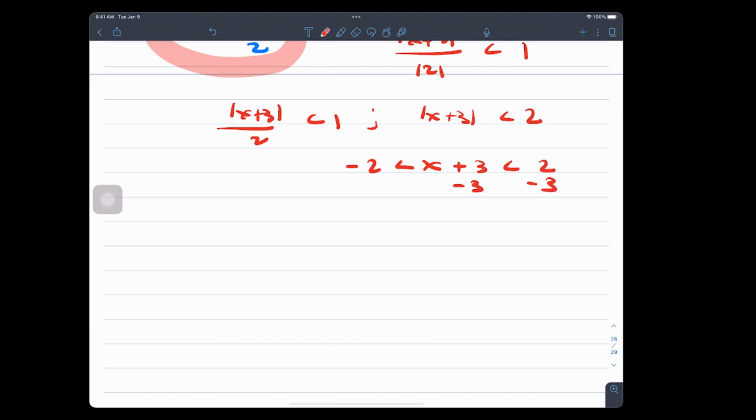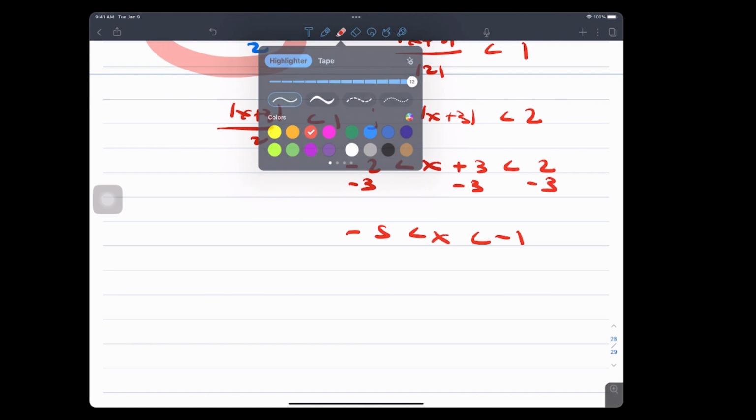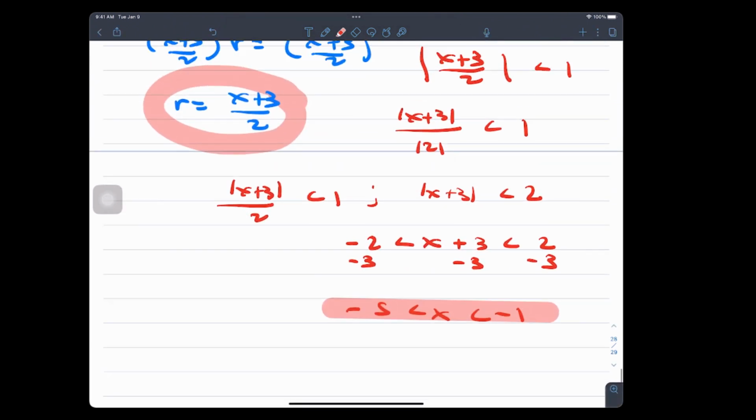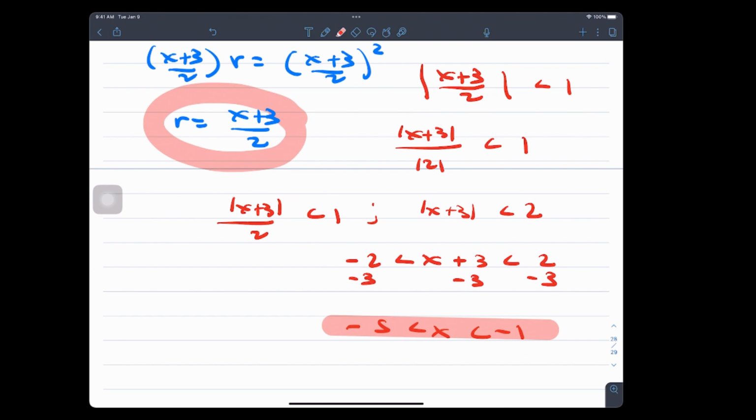Subtract 3, subtract 3, subtract 3. Negative 5 less than x less than negative 1. So they want to know the values of x for which you have convergence here. These are some geometric series, at least in these examples here.